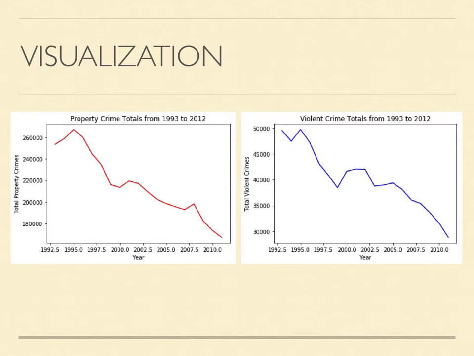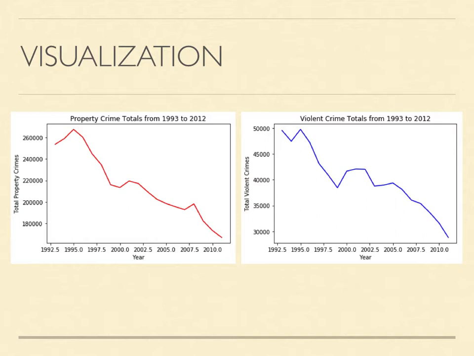Yet, until 1995, the total violent crimes decreased and then increased back to 50,000 total crimes. And after 1995, the violent crimes decreased until 2012. So we can infer from this trend that both violent and property crimes will continue to decrease with slight fluctuations throughout, as we can see.